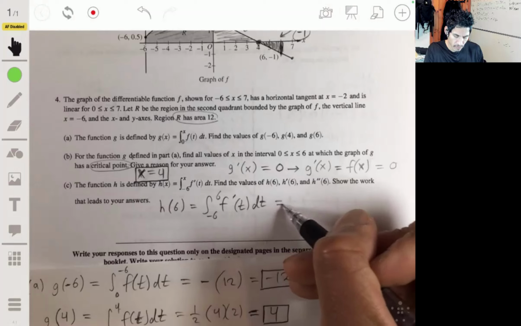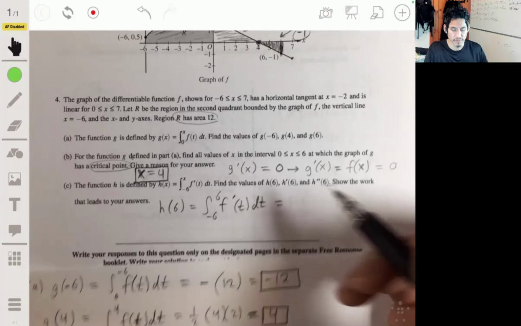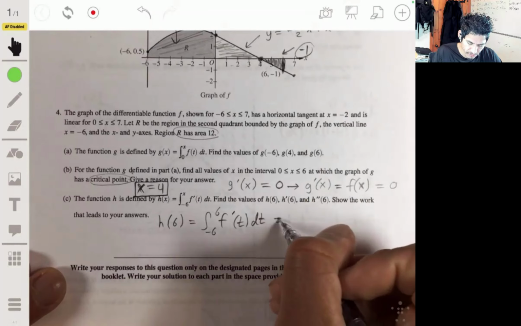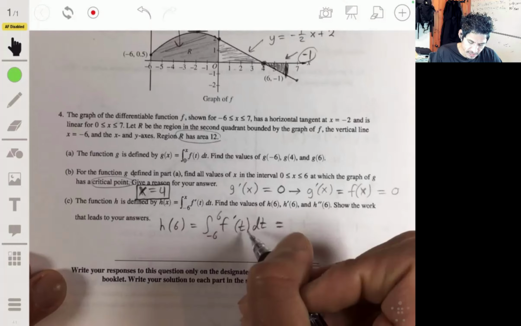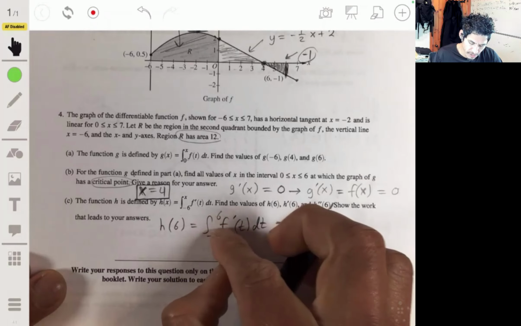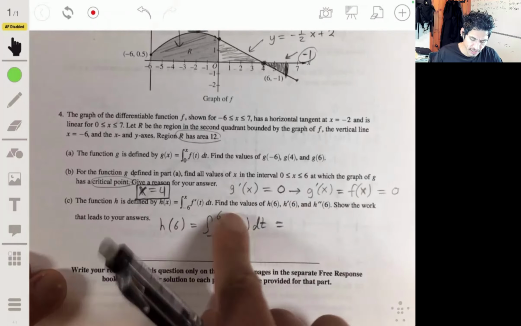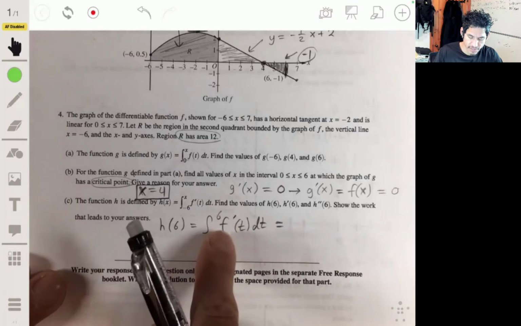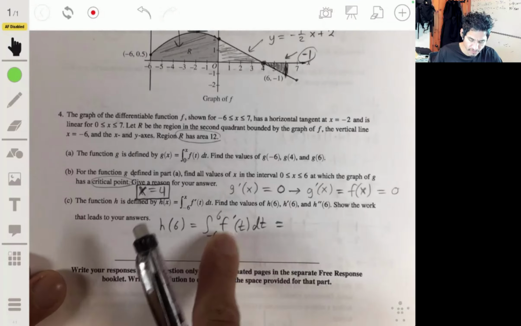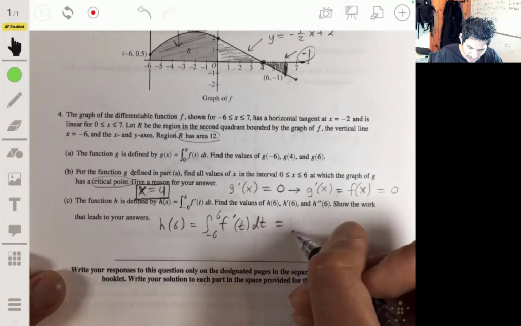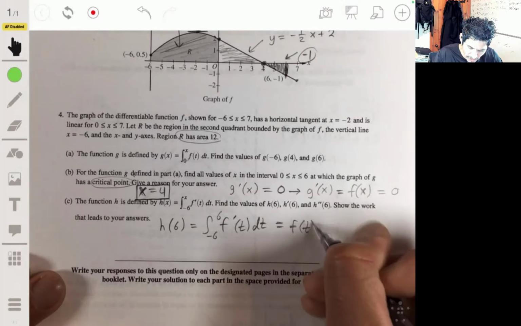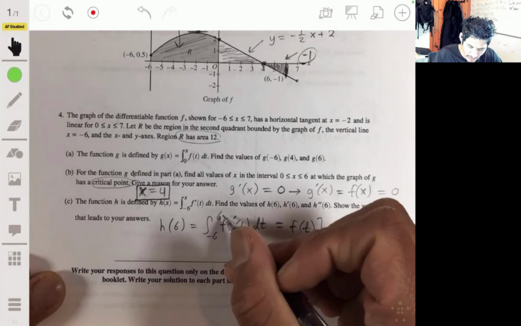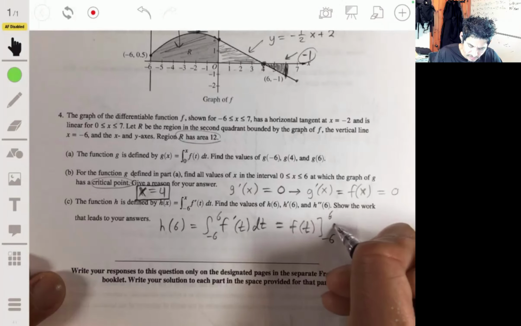Now, here's what I think they were trying to assess. When you're integrating this, remember that you're trying to find the antiderivative. Since you already have the derivative, f prime, the antiderivative is just f. So we're just going to evaluate f of t from the endpoints -6 to 6.